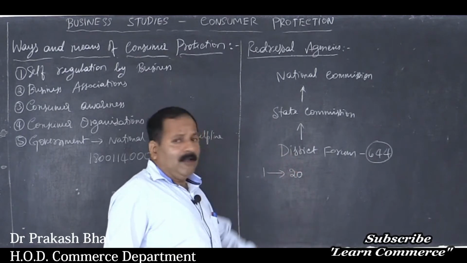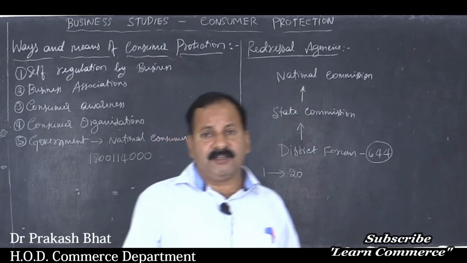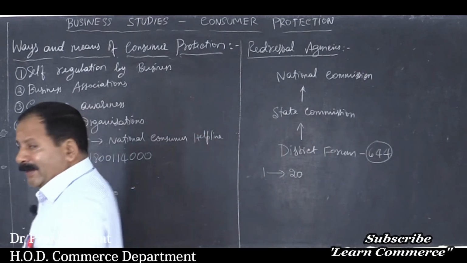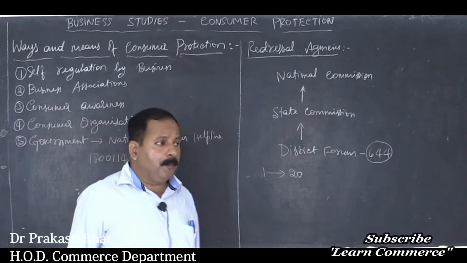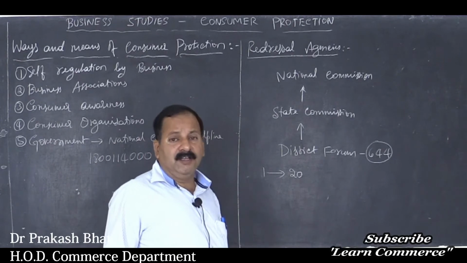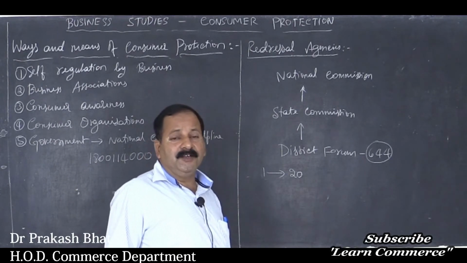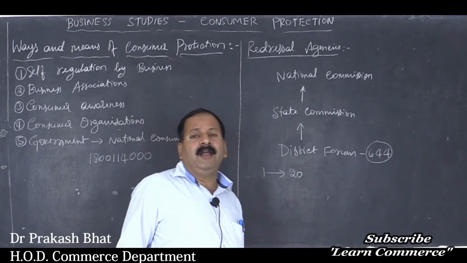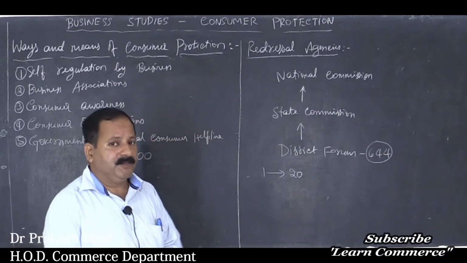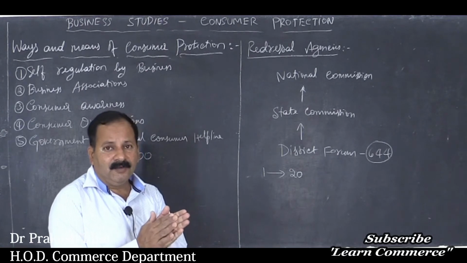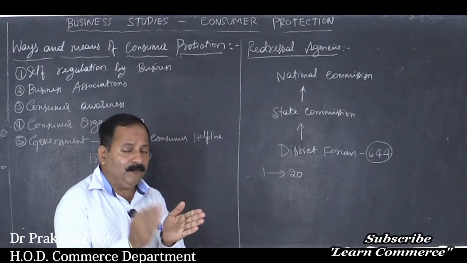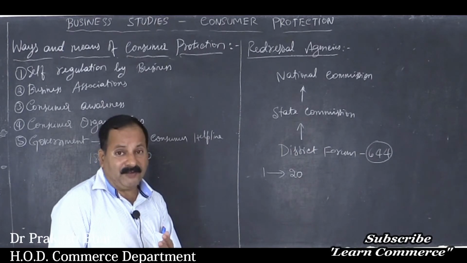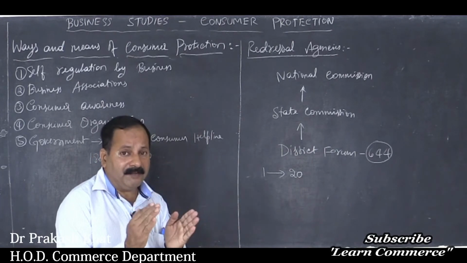Then the redressal procedure is, the district forum on receipt of the complaint will call the opposite party, the opponent, that is the person who has cheated or deceived the consumer, and he will be served a notice to attend on some day. And if there is a need, the district forum will ask for samples where there is a defect in the goods.